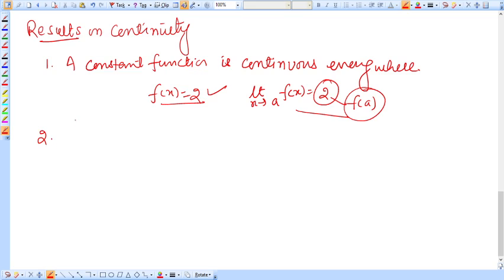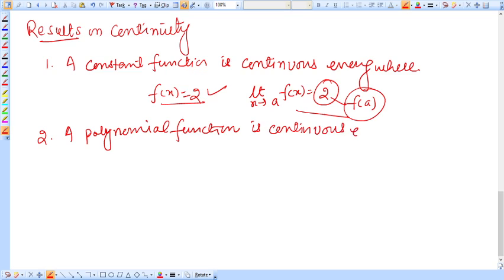Okay, second result is a real polynomial function is continuous everywhere, like if f of x is equal to x square plus x plus 1, okay, this is a polynomial function, this is continuous everywhere.